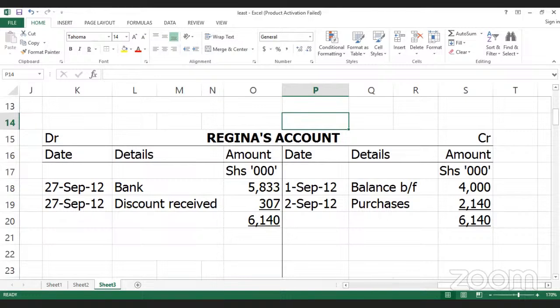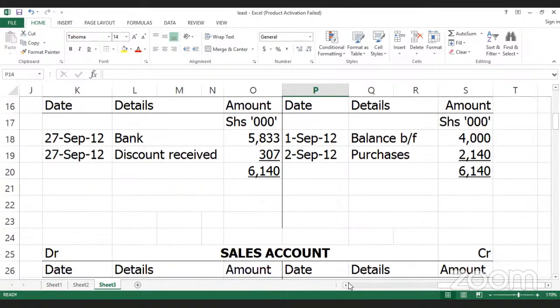Which side is greater? Regina's account is also a closed account, like that of Nakuru. So no balance. So we skip that.